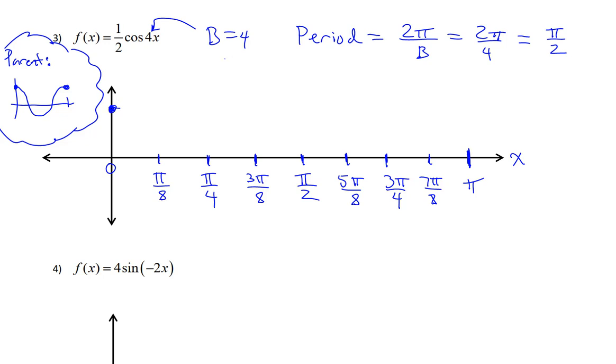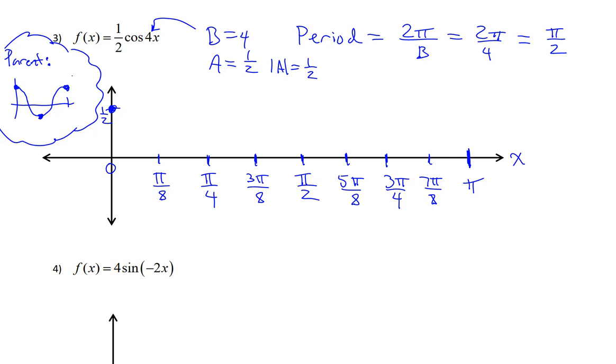Now for this graph, the a value in front is 1/2. Of course, the absolute value of a is still 1/2 because that's still positive, which means instead of going all the way up to 1, it's going to go up to 1/2. But as you can then see from the parent function that we've sketched in our minds, one full period goes from high to low to high.